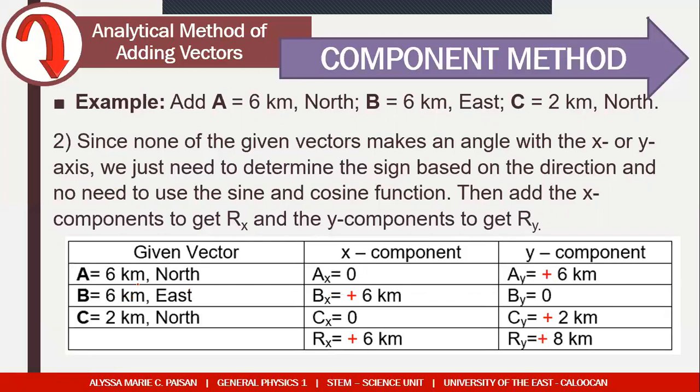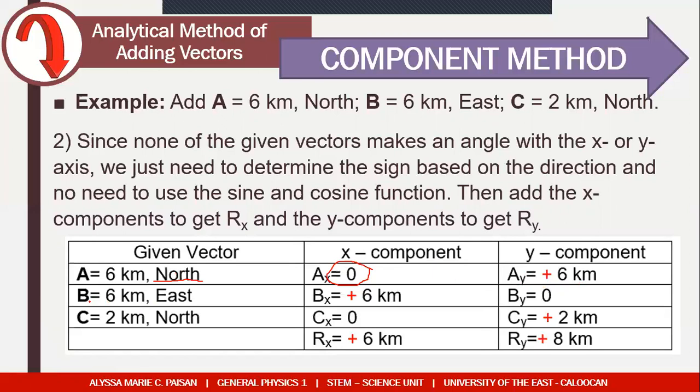Remember how to get the components for vectors that are one-dimensional. Since A is going towards the north, and north is associated with positive y, the a sub x becomes 0, and then the a sub y becomes positive 6 kilometers, since north is a positive direction.